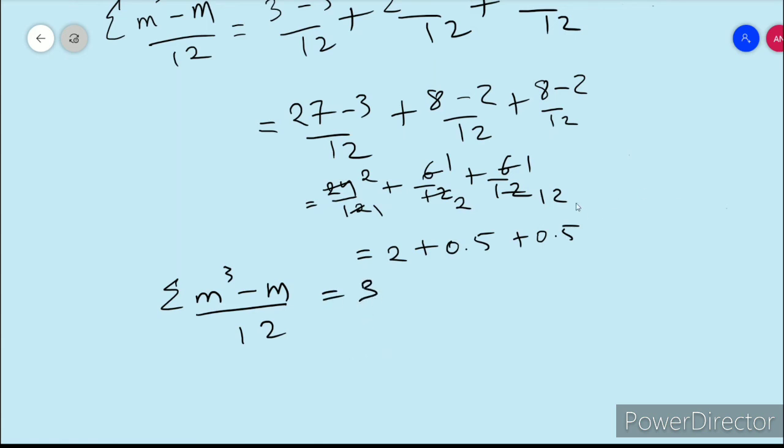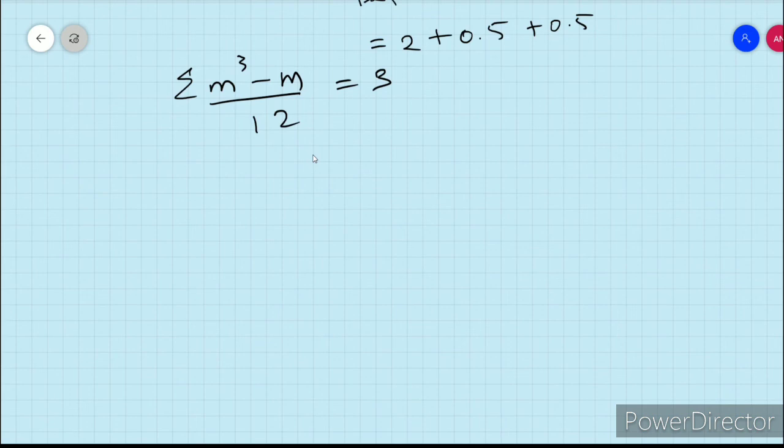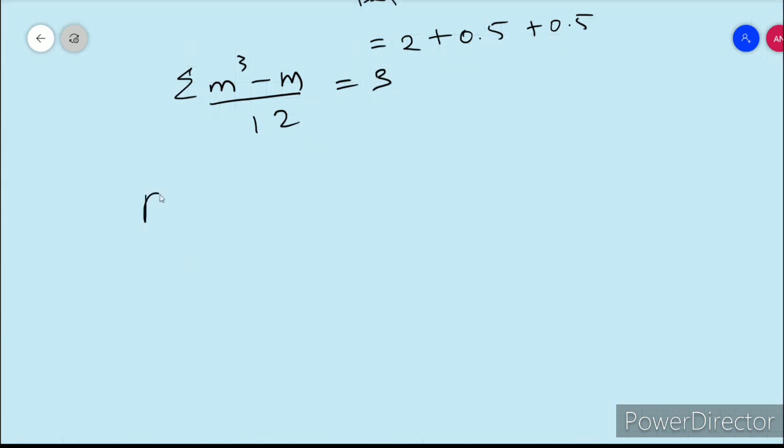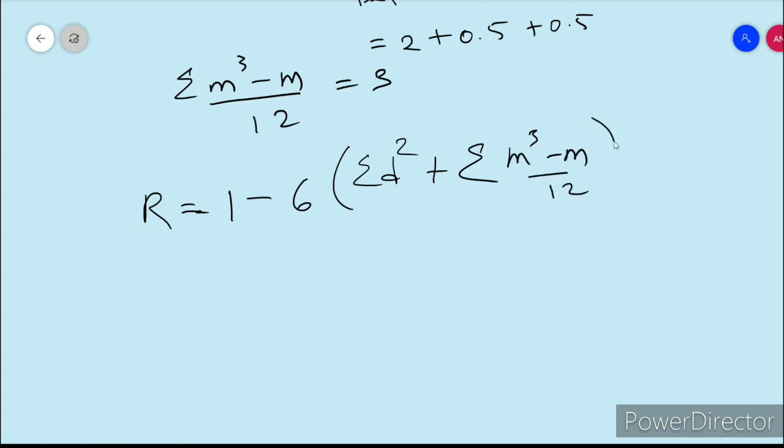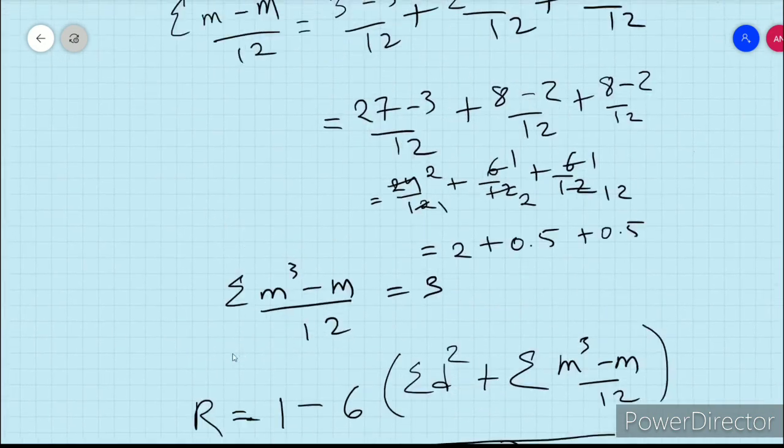So we have solved this part, and we just substitute in this formula: summation d square plus summation m cubed minus m divided by 12, and n, the number of pairs. Okay, so how many pairs?